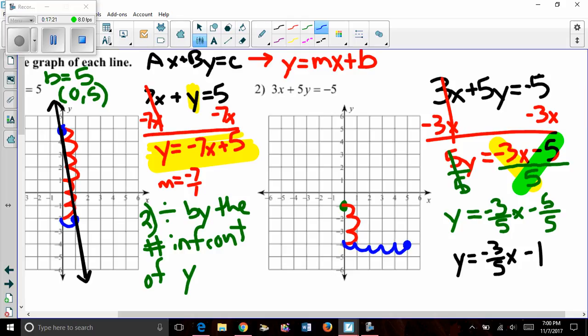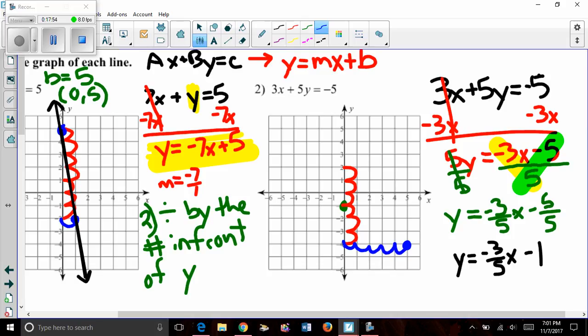So here's another point. Now I did ask that you guys try to put as many points as possible, at least 3. So let's go back, starting from our y-intercept, and see if we can't fit another point. We're going to go backwards. By backwards, here's what I mean. I'm going to start at that negative 1, and instead of going down 3, I'm going to go up 1, 2, 3.